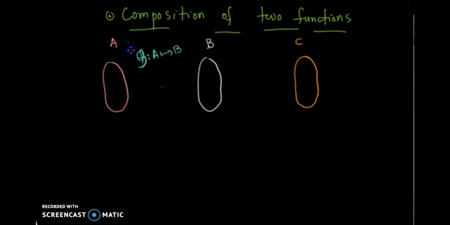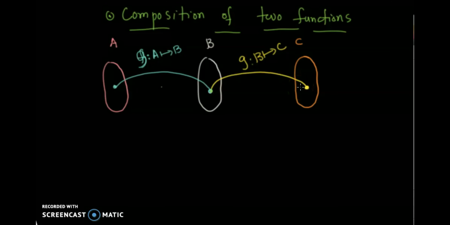So what will this function do? It will take elements from A and will throw them to B. Suppose we have got another function, that is function g, and what g is doing, it's taking elements from B and throwing them to C.